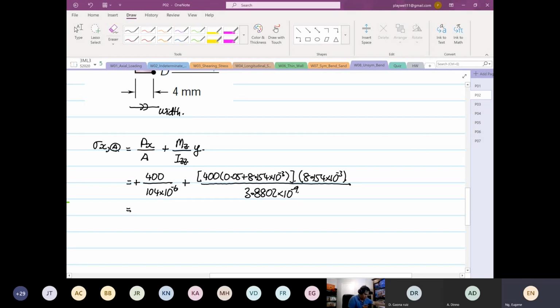When you add this up, 400 over the area is 3.846, plus the bending term, which is 48.883 times 10 to the power 6.